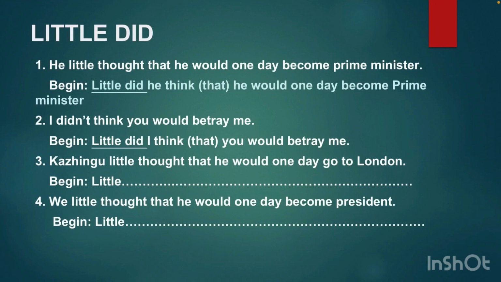When you use did, the verb must be in present. That's how it is. So since you introduced did because of the structure little did, you are going to change the verb from past to present. Simple as that. That's just one thing that you do with little did. You just change the verb from past to what? To present. The verb that is directly connected to the subject.